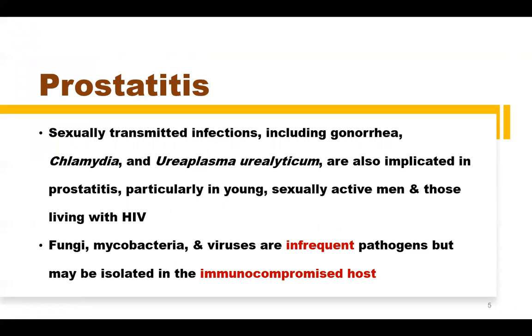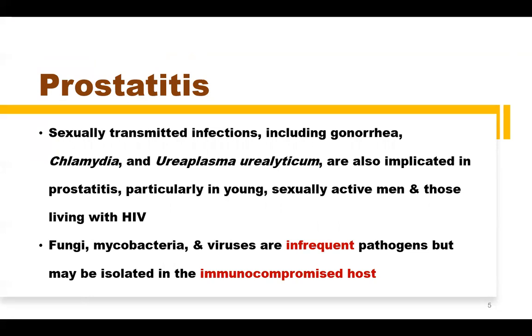Sexually transmitted infections, which include gonorrhea, chlamydia, and Ureaplasma urealyticum, have been implicated in prostatitis, as I've said earlier, in young sexually active men and in those who have HIV.